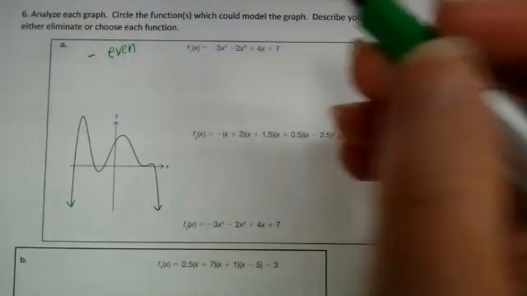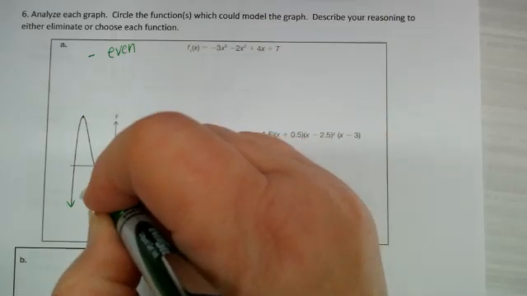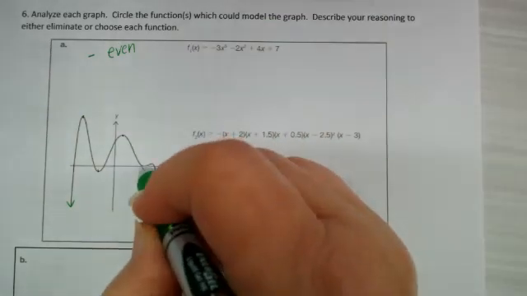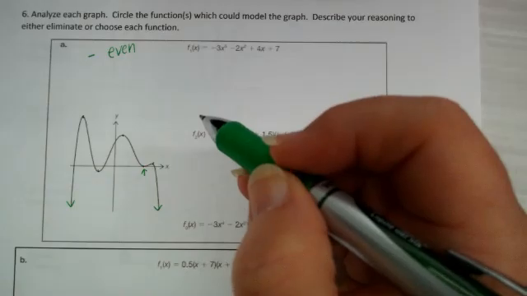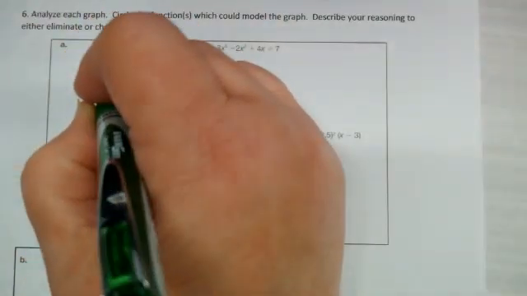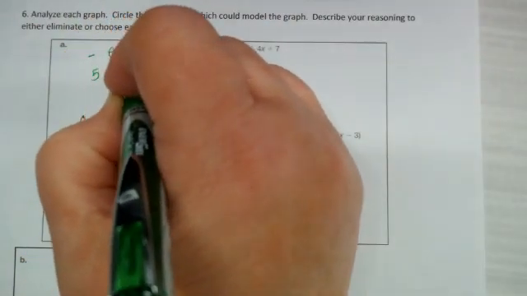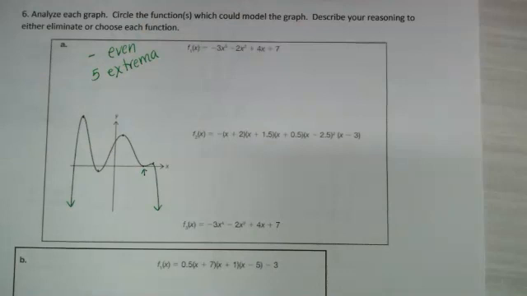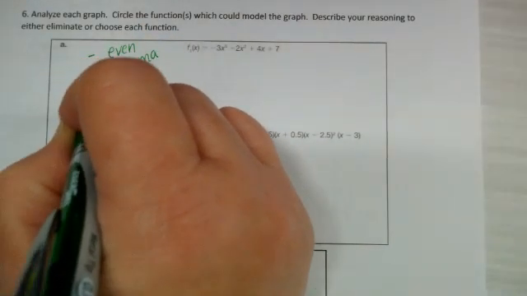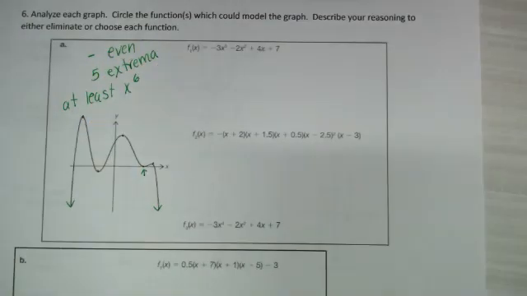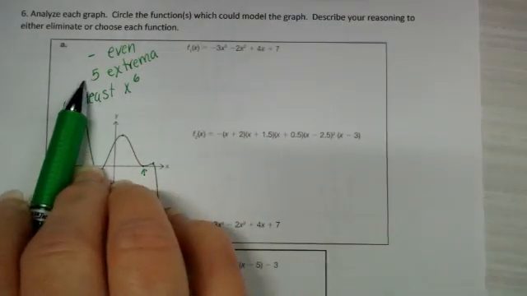Let's count the number of extrema. 1, 2, 3, 4, ooh, something's going on there, 5. I have 5 extrema. So this must be at least x to the 6th power. Because remember, my power has to be bigger than my extrema.